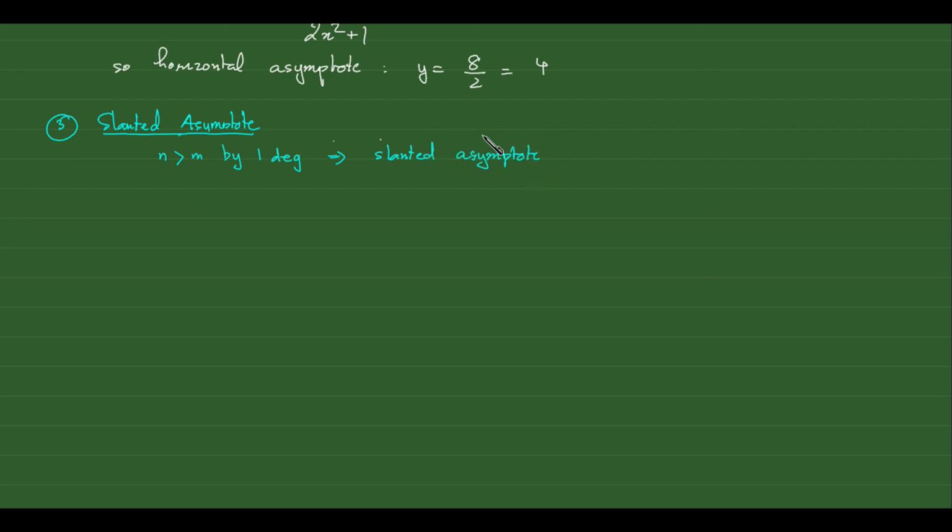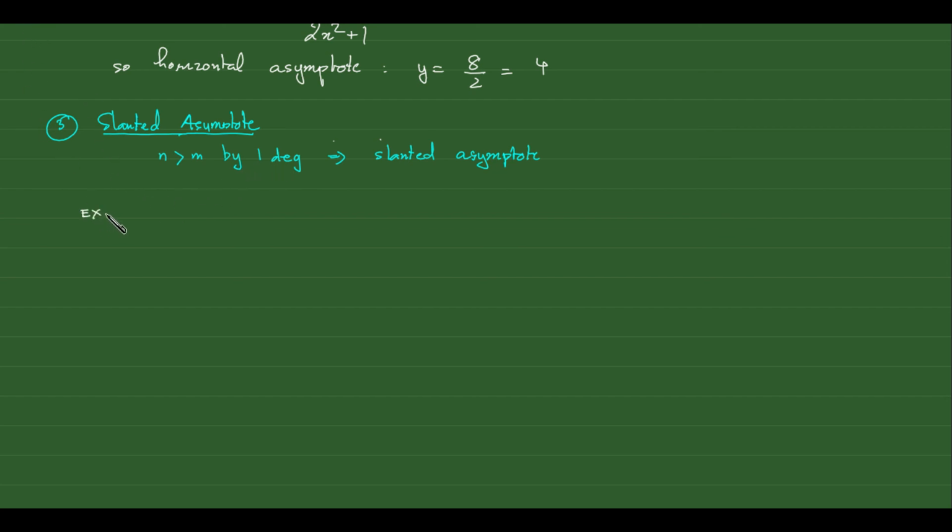If the degree on the top is 3 and the degree at the bottom is 1, we don't have it. If the degree on the top is 3 and the degree at the bottom is 2, yes, we do have a slanted asymptote. If the degree on the top is 2 and the degree at the bottom is 1, yes, because it's only greater by 1 degree, then we have a slanted asymptote. If it is greater by more than 1 degree, then we don't have a slanted asymptote. Okay, but for example, I have something like this.